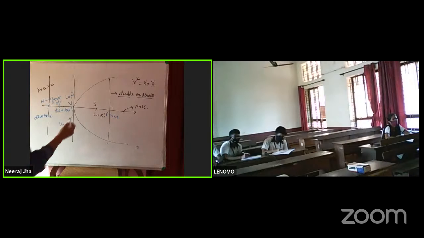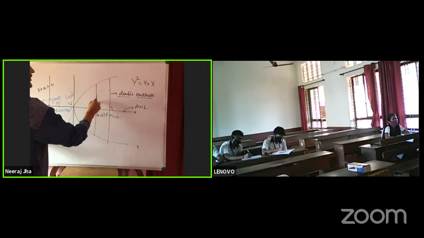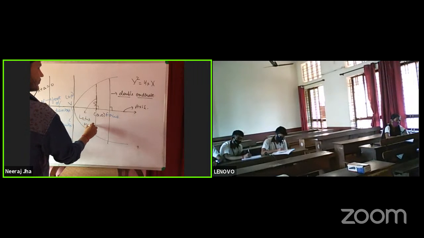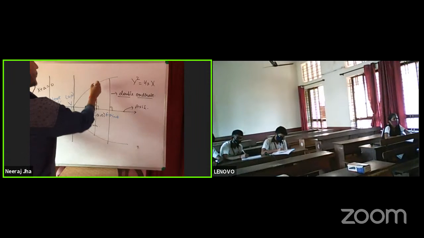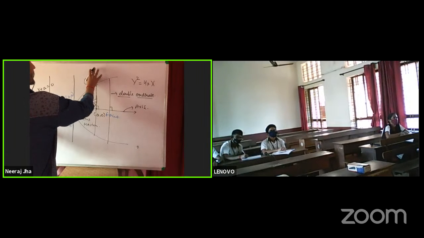Then a double ordinate which is passing through the focus is known as the LR, latus rectum. Whose endpoints are? If you put x as a in this, y will be 2a.